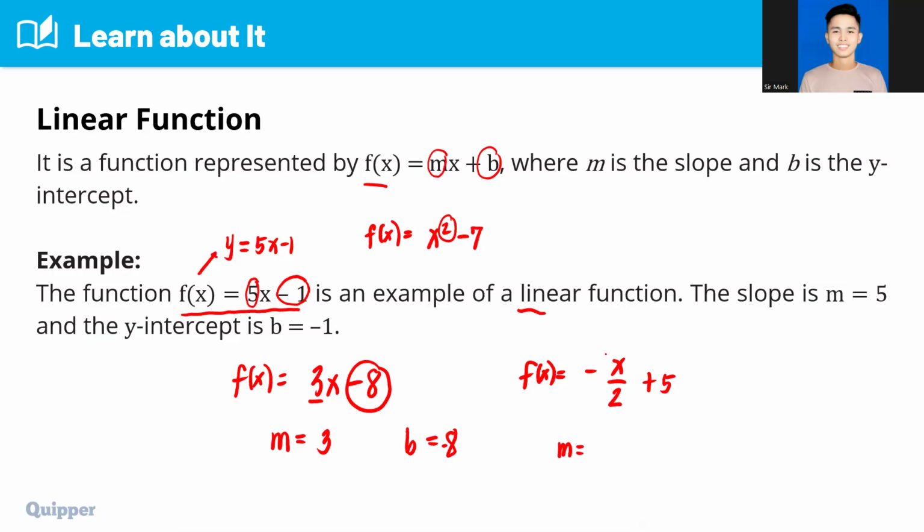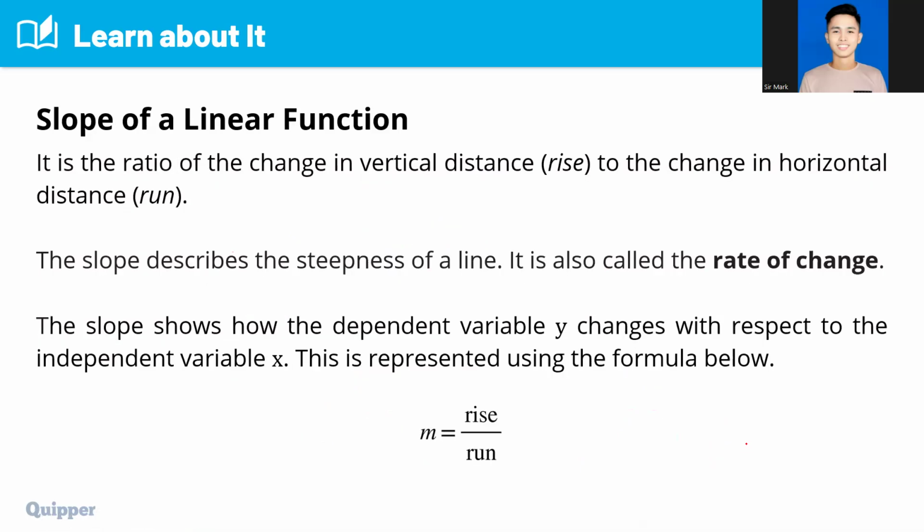There's 1 here. It is not just written because it's understood that there's 1 there. So the numerical coefficient is -1/2. So that will be our slope. For the y-intercept represented by small letter b, that is a constant in the given function, we have +5. I hope that's clear.